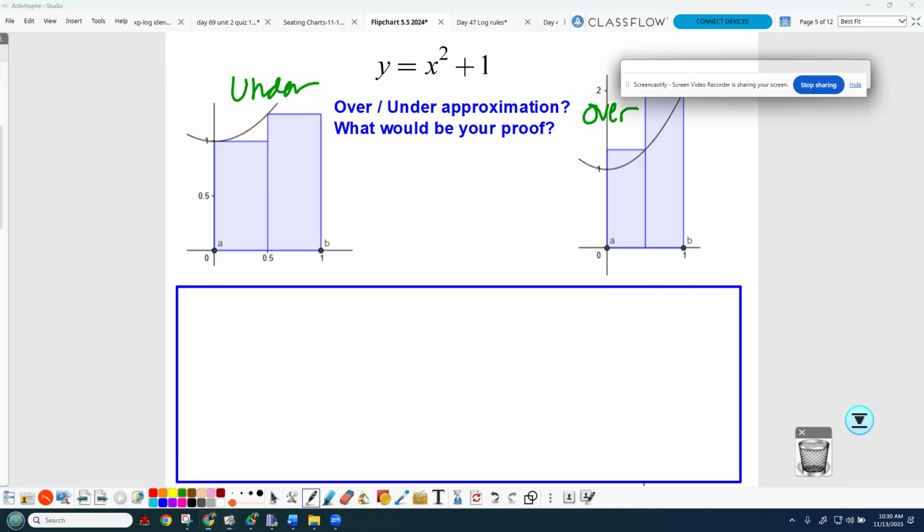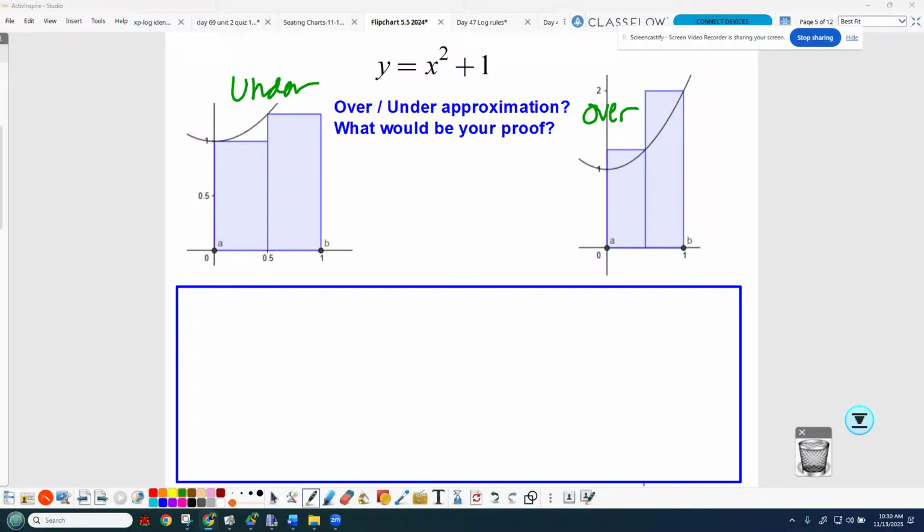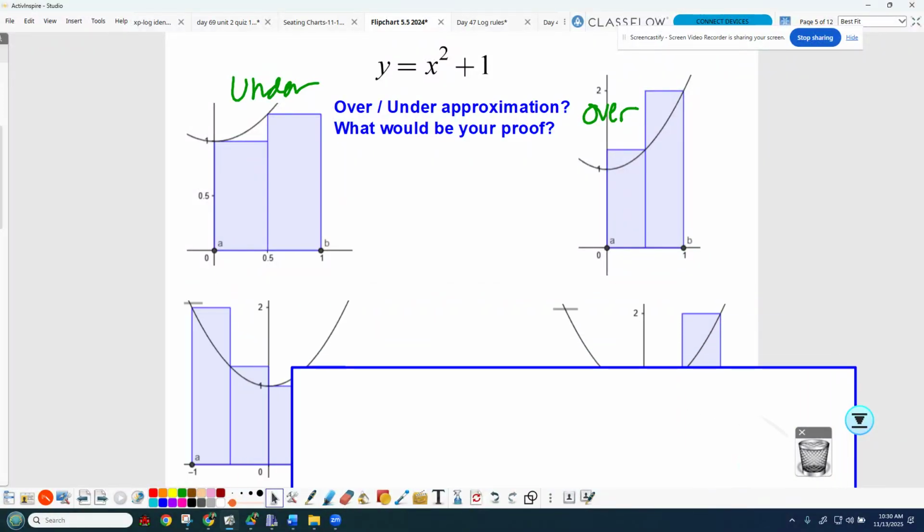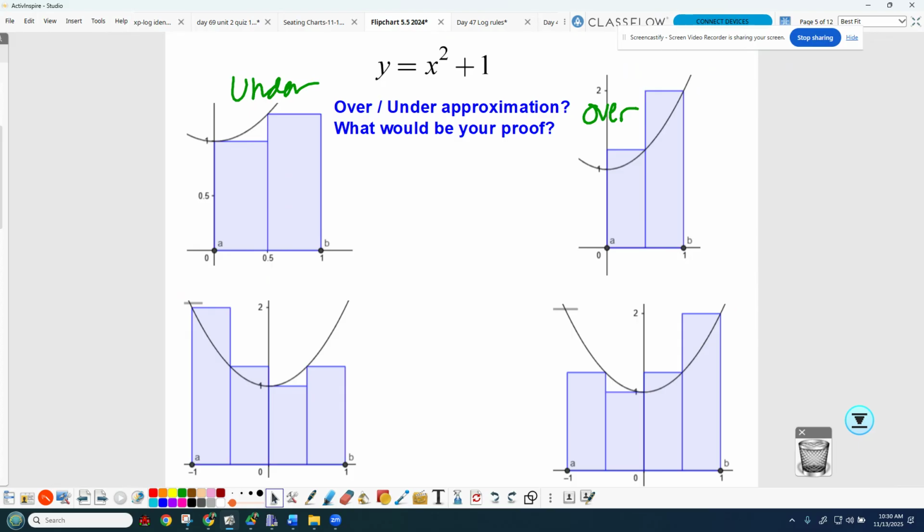Because it's increasing? That was part of the reasoning for the delta. It is part of the reason, yes. Yep. So LRAM is under when the function is increasing and over when it's decreasing, and vice versa for RRAM. Yes.